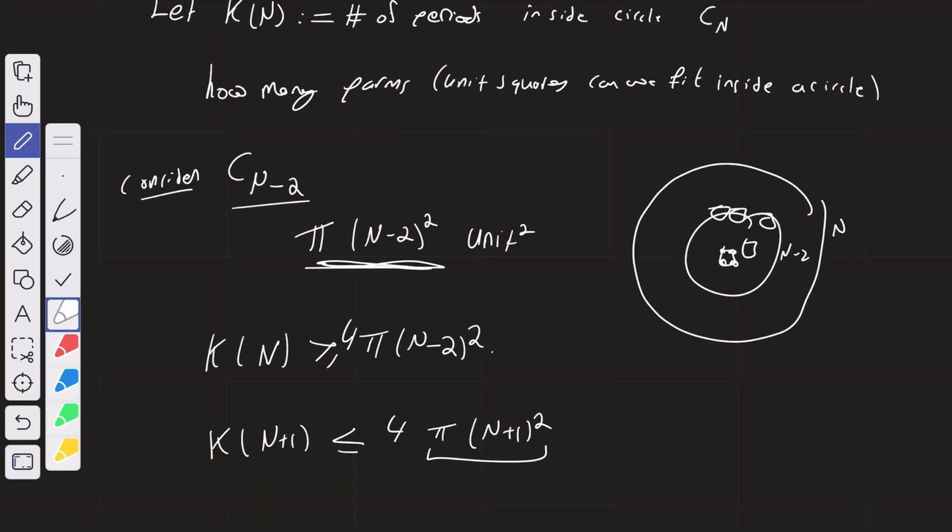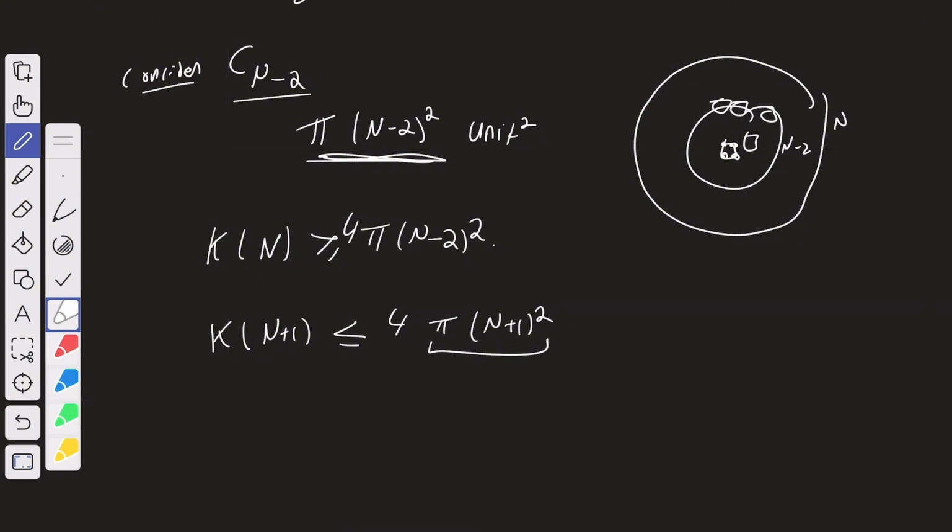And this is all to say now that k of n plus 1 minus k of n counts the number of periods in the circle of radius n plus 1 minus those in the circle of radius n.